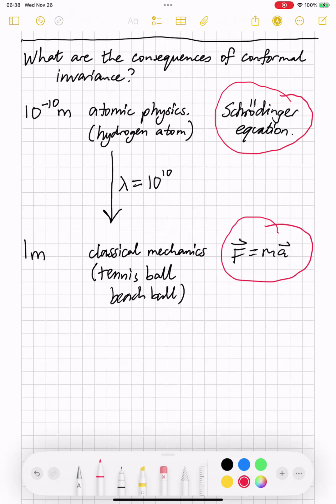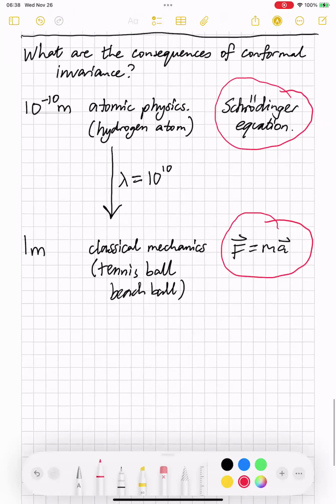So that means that, in fact, conformal symmetry and scaling symmetry that we're talking about here is not a symmetry of nature. Now, if it's not a symmetry of nature, you might wonder, why are we studying conformal field theories? What is their use? And answering that question is going to be one of the questions that this set of lectures will answer. So we'll get there. It'll take a while to answer that.